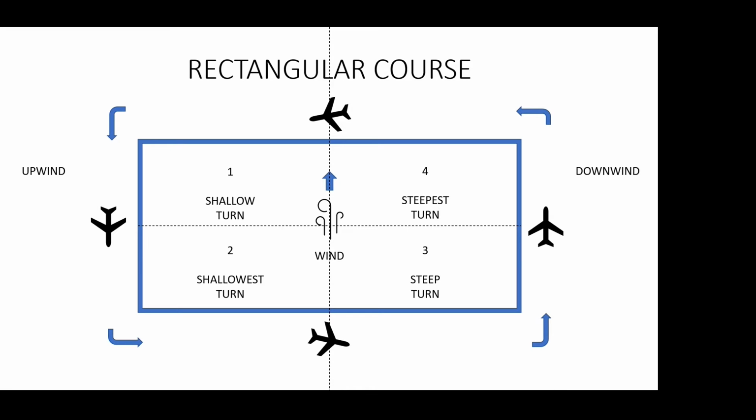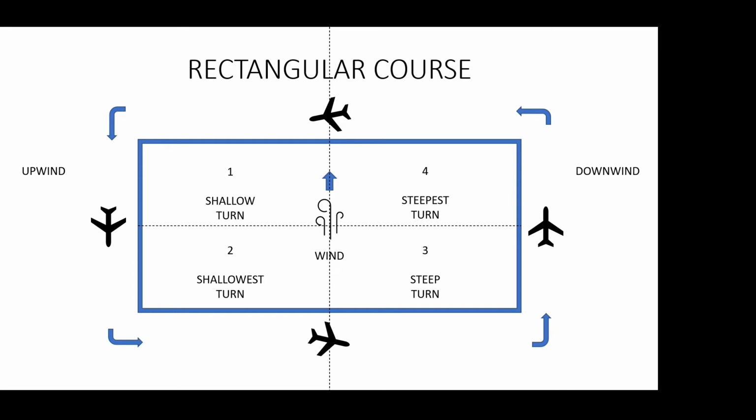Because your ground speed changed, therefore it's going to take you a longer amount of time to travel the same amount of distance. So you don't need to turn as steeply because you're going slower, right? And remember, we're not talking about bank angle. Bank angle, however it may increase, that's not what we're talking about here. We're talking about rate of turn. All right, so now we're down to quadrant number 2.